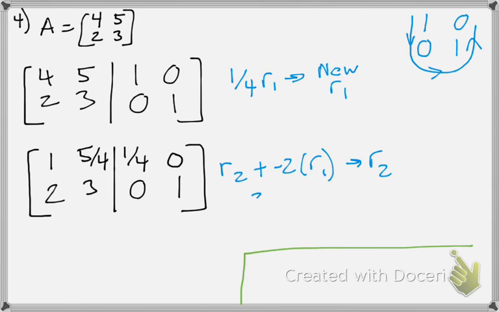That's going to be 2, 3, 0, 1, plus -2, -5/2, -1/2, and 0. If I add these up, I can use the calculator to add the fractions. If you hate fractions, you can always use the calculator. But you should get 0, 1/2, -1/2, and 1. And that's going to be the new row 2.